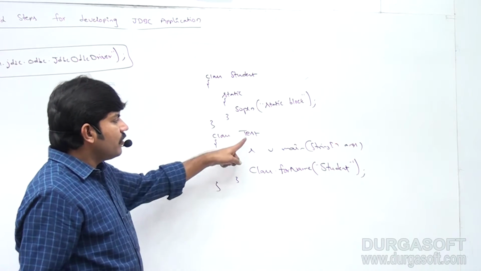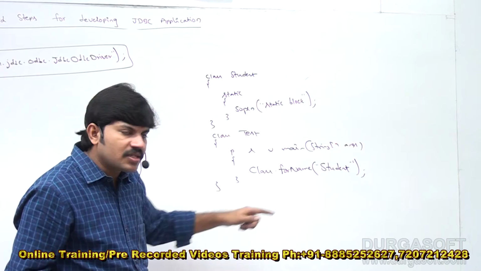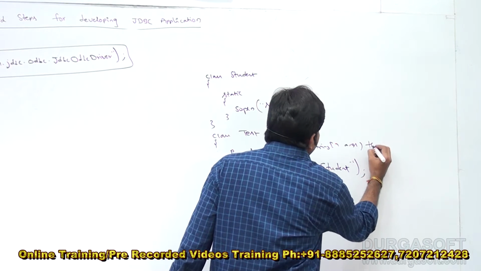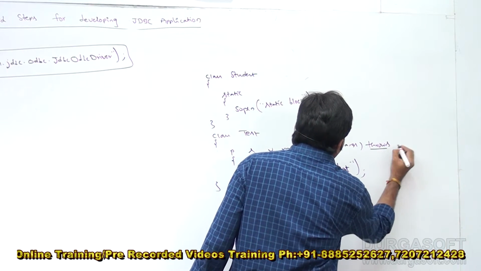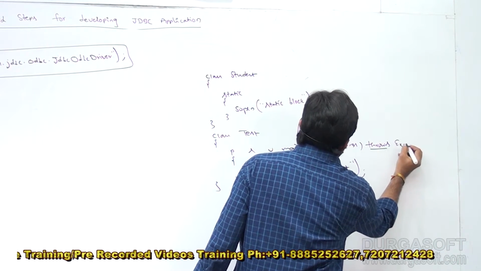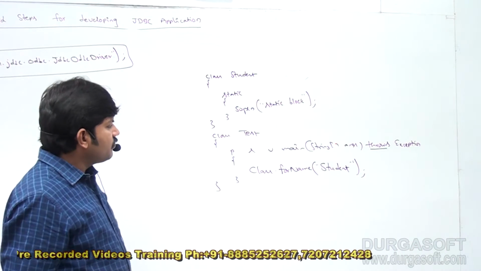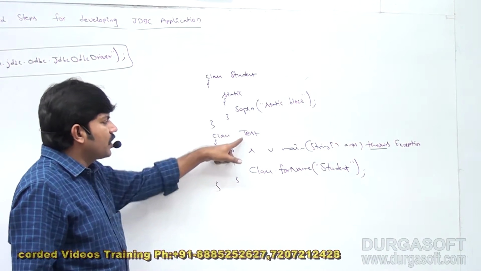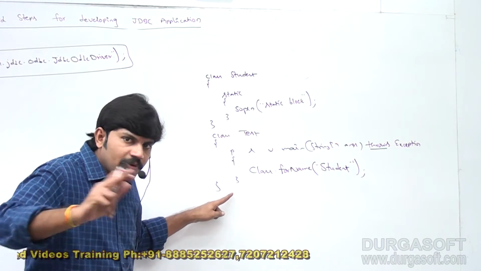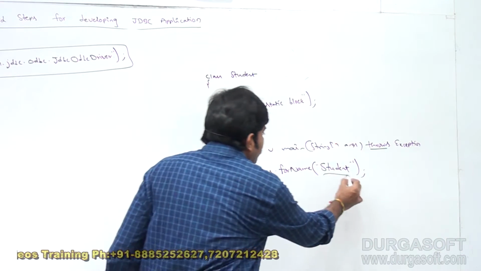Observe, whenever we are using Class.forName, we are responsible for handling multiple exceptions. I'm not interested in handling any exception, so I'm taking throws Exception. Have you observed? If you execute the Test class, as part of the Test class, the Student class will be loaded.